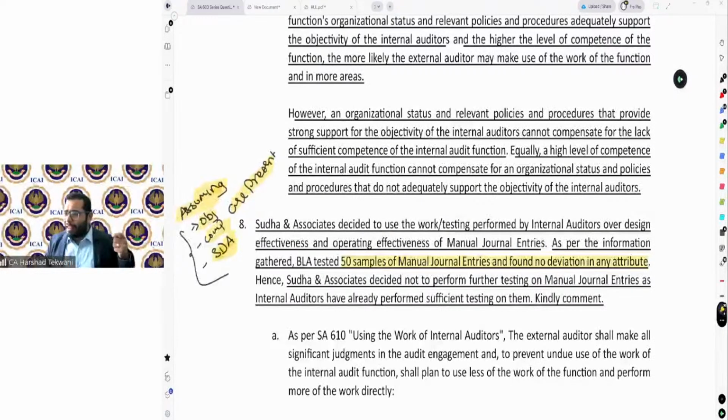Anyone? Why am I saying manual journal entry is a significant risk? I know two areas: judgment involved, or a significant risk area. In manual journal entry, I say no judgmental thing is there, but it's a significant risk. Why?